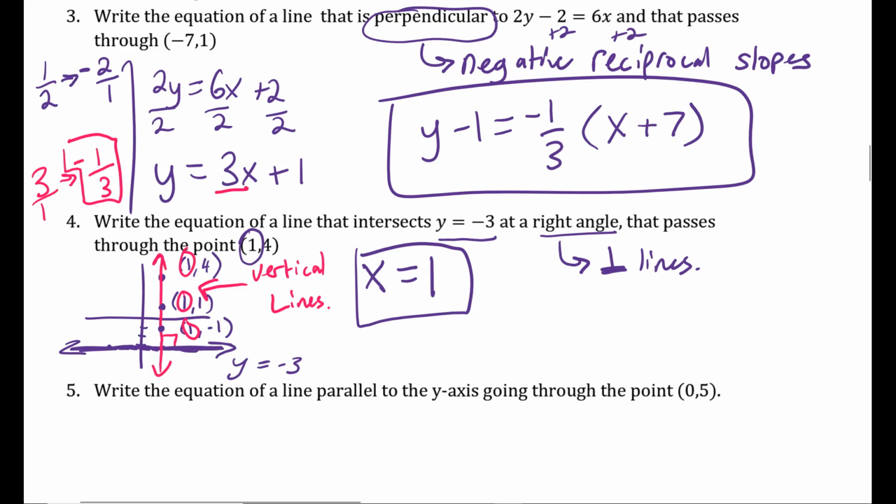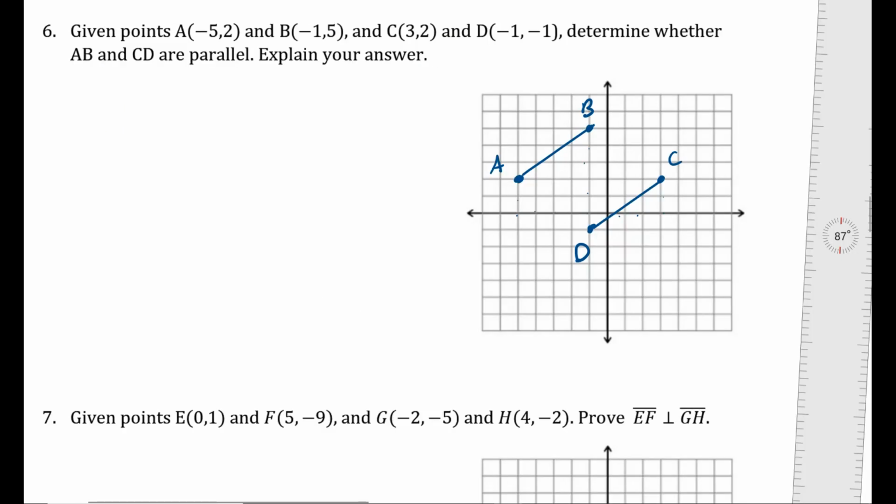And you could tell just by looking at whatever the x value of the point they give you in the problem is. For number 6, we're given 4 points, A, B, C, and D, and we want to figure out if the segments AB and CD are parallel. So I've already plotted these and connected them, and it looks like they could be, but we want to have math to justify why they're parallel.